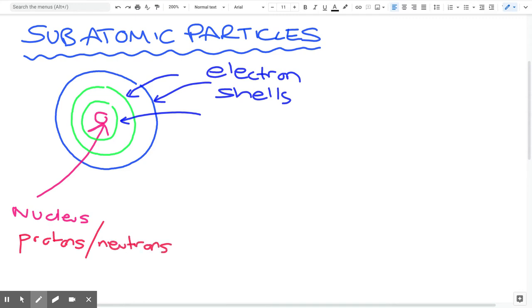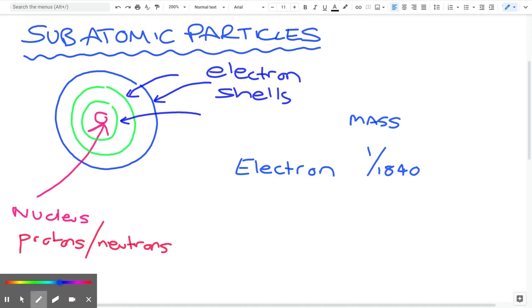And from calculations, we now know also the masses and charges of each of these species. For an electron, we essentially can ignore their mass. However, relatively, the value usually given is something in the region of 1 over 1840. You may see slightly different values for that, but the mass is 1 over 1840, relative to the mass of the proton.